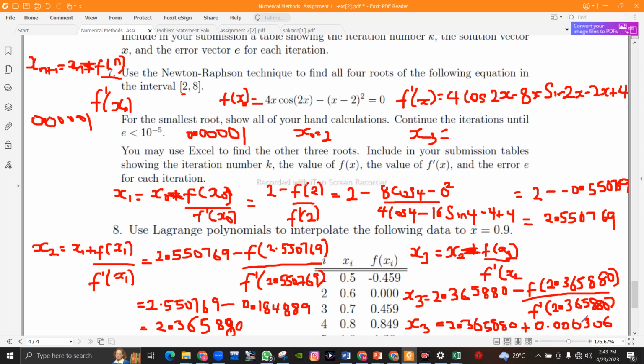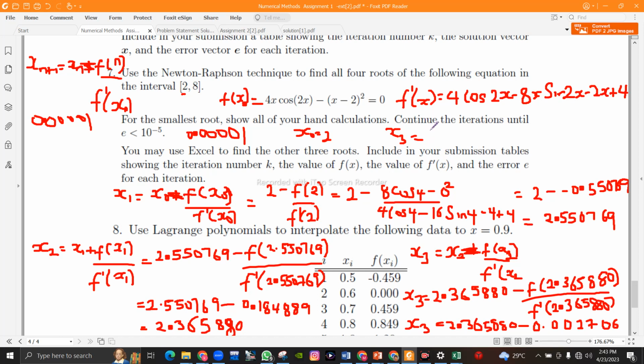So after careful calculation and writing the equation, I got all of this to be 0.002706. So you can confirm that too. That means our x3 now, if we subtract that, is 2.36588 minus 0.00272706.